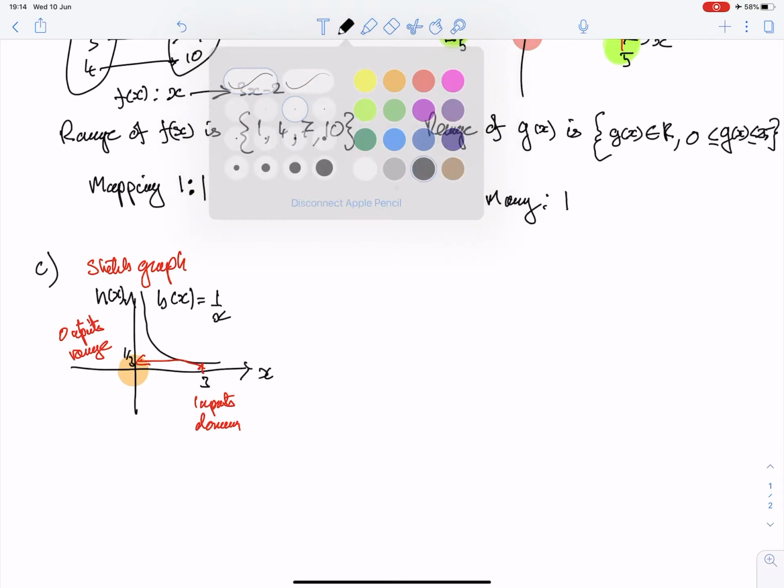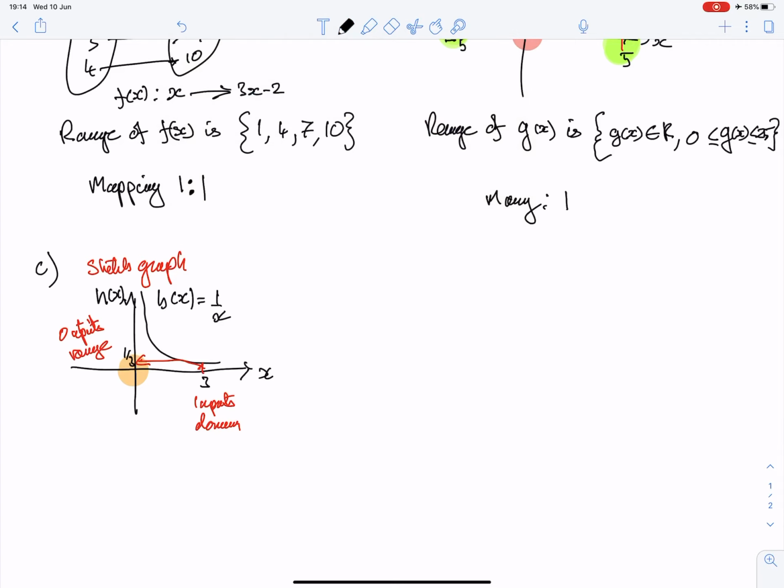So now again we've got to write it down using our function notation. So we want the range of h(x). Well, the first part, h(x): have we got basically an infinite number of values, a continuous line? Yes.